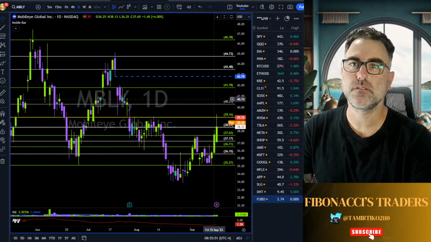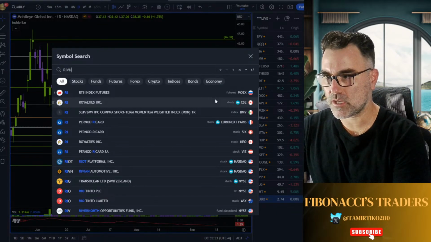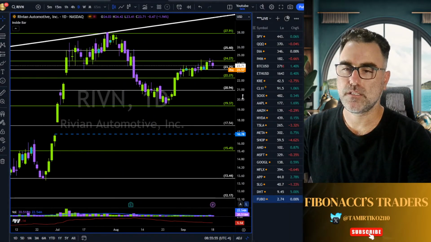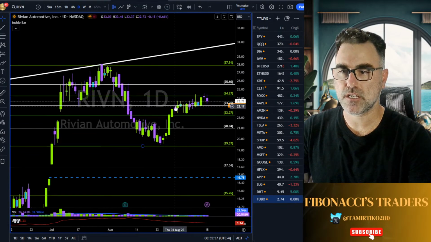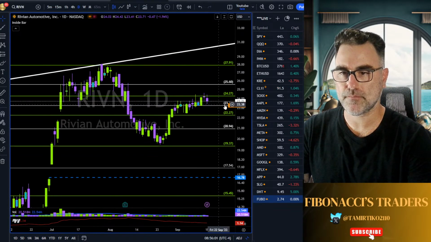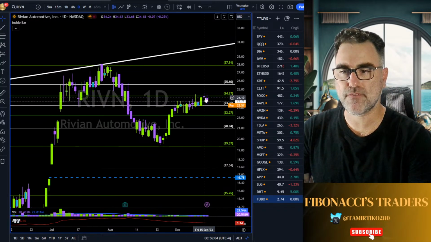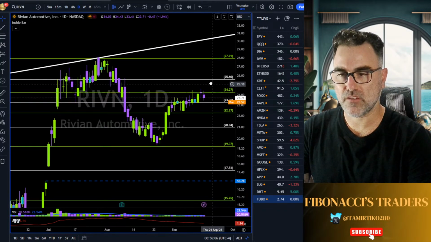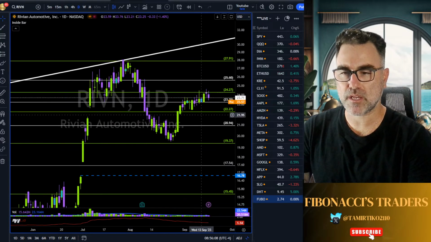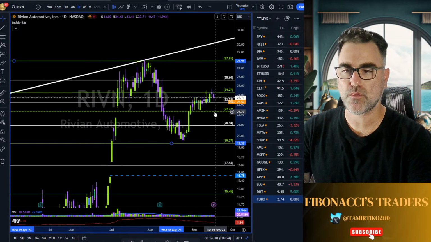CR. We have also Rivian. Rivian looking good, but it's in a very tight price range since the beginning of September, as you can see. The 24.30, very tough resistance. If bulls give up, it's going back to the 22.30.